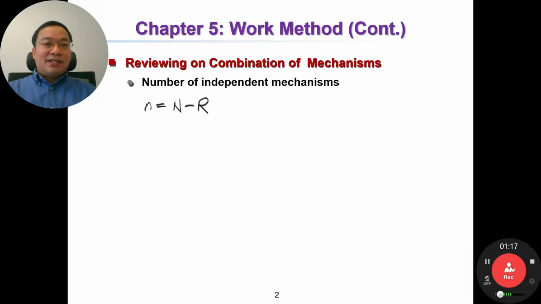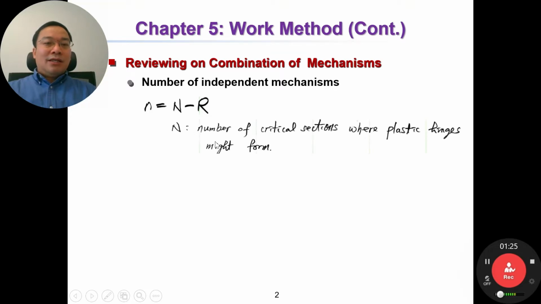We have the equation small n equal to upper N minus r. What is upper N? N here is the number of critical sections where plastic hinges might form. And r is the degree of redundancy of the structure.